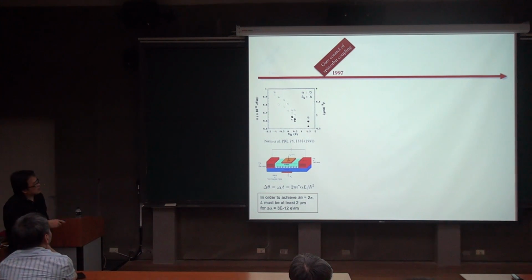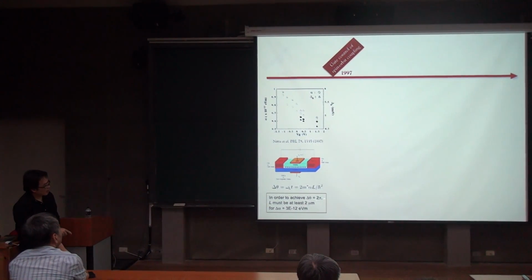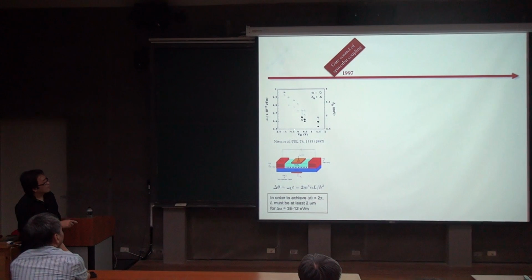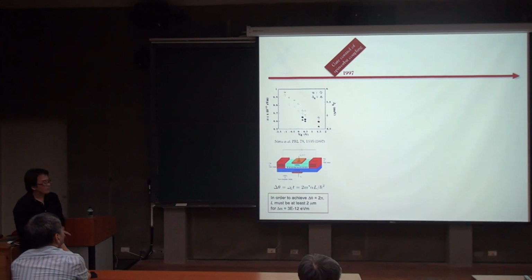If you put this into your spin FET, because we know if you want to have the delta theta, you need at least pi, right? You want to rotate from parallel to anti-parallel. So if you want to have pi or 2 pi, and you put in the change of delta alpha here, assuming the delta alpha is 3 times 10 to the minus 12, you probably need L to be at least 2 micrometers.